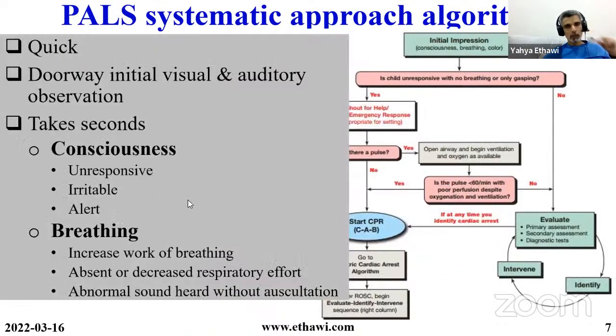Now, when we do the initial assessment, we should be very quick. We should do an initial visual and auditory observation, and this should take seconds. Then you divide the patients into two main domains, consciousness and breathing. In consciousness, you don't need to do much.